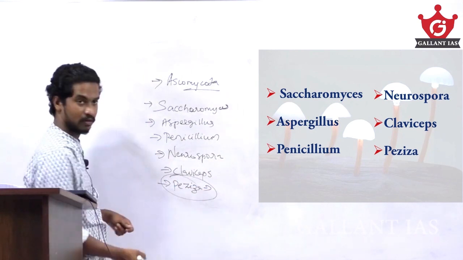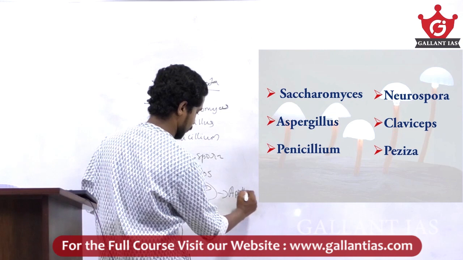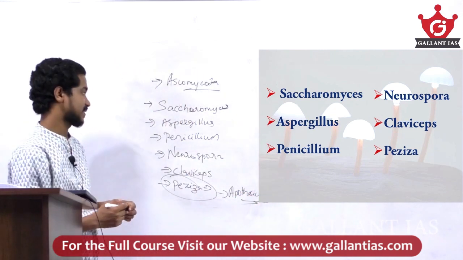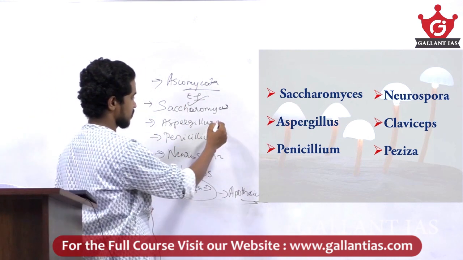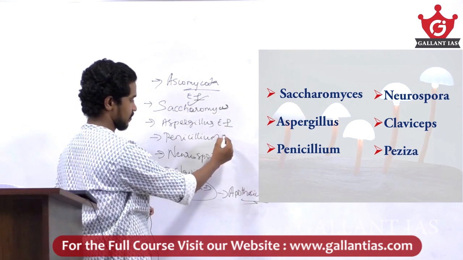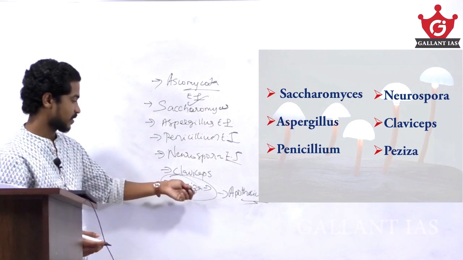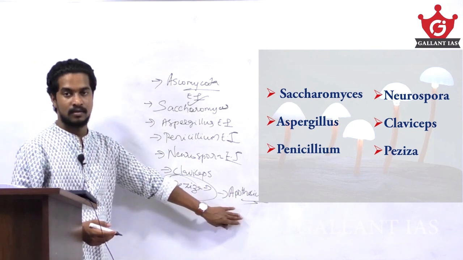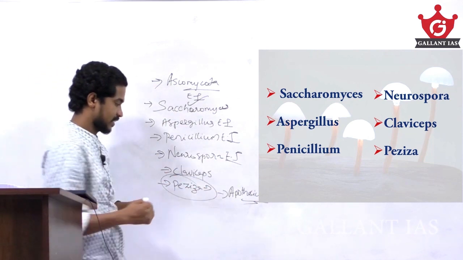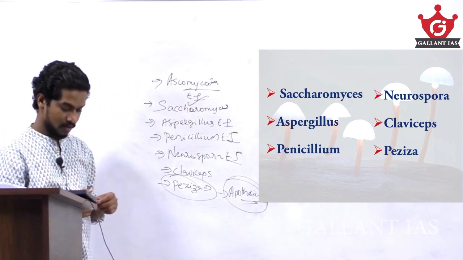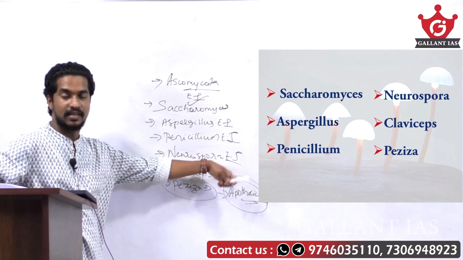And make a note on the apothecium of Peziza. Under Saccharomyces cerevisiae, know the economic importance of Saccharomyces, Aspergillus, Penicillium, and Neurospora, and for Peziza, make a note on the apothecium. The structure of the apothecium can be asked in the Indian Civil Service exam.